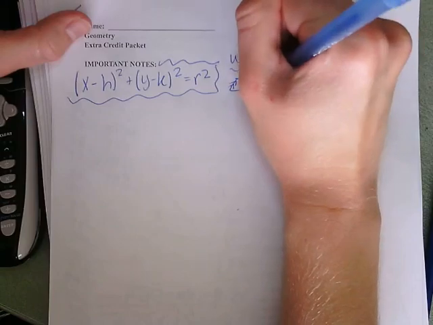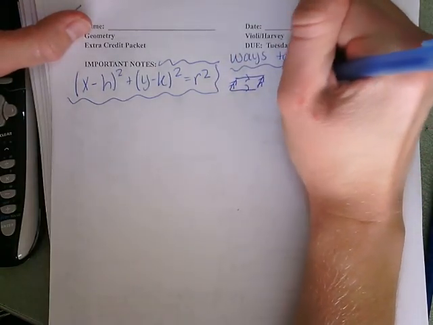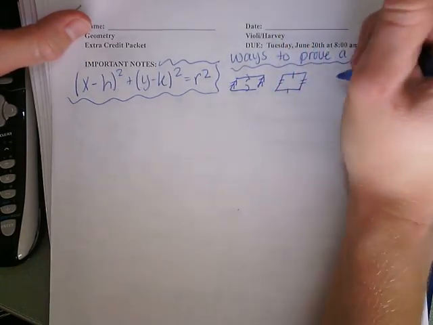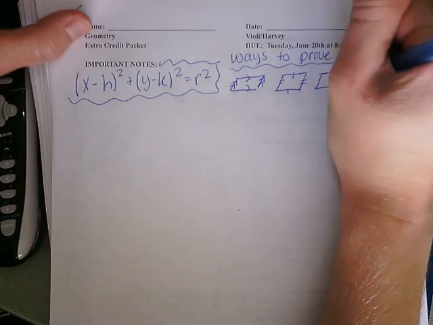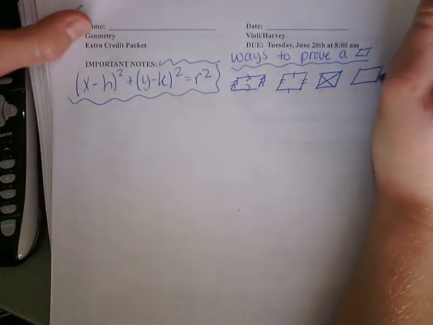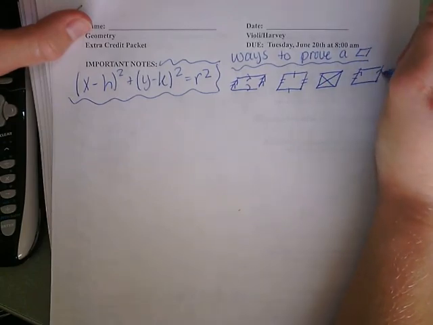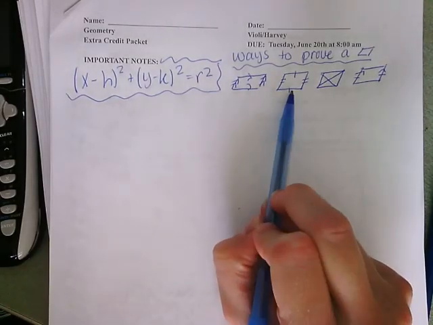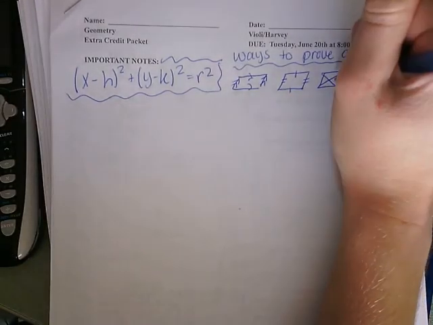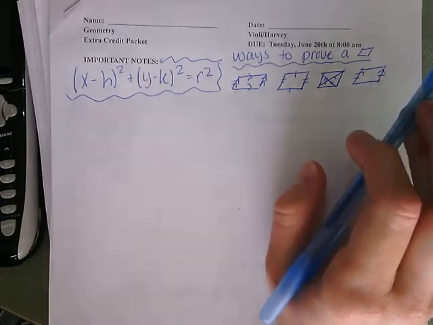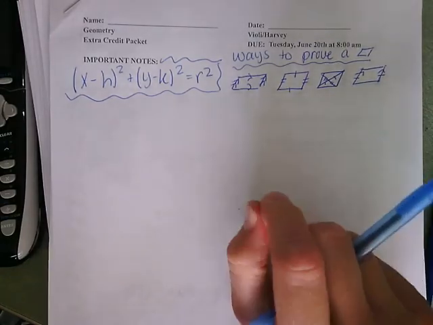It's going to help you on those multiple choice questions when you get asked how can we prove this is a parallelogram, or which way is not sufficient to prove something is a parallelogram. So remember, opposite sides are parallel, opposite sides are congruent, diagonals bisect each other, and one pair of same sides is parallel and congruent, okay?